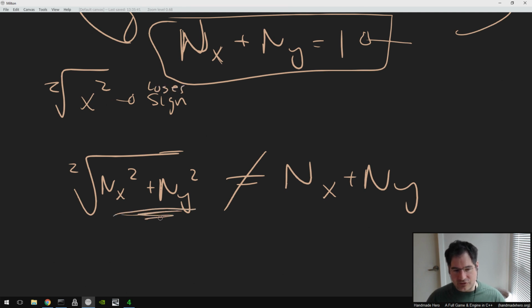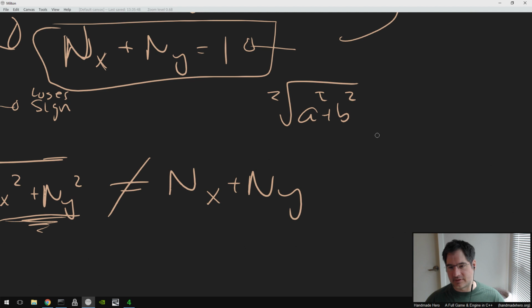Once you add two things together, a squared plus b squared square rooted is not the same as a plus b, right? The square root does not distribute across additive terms.